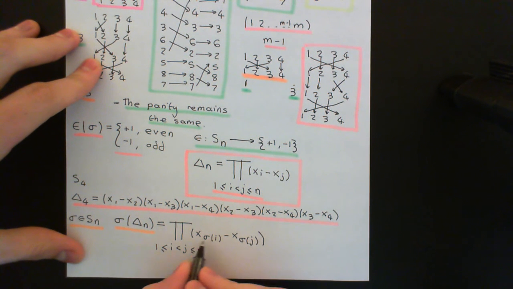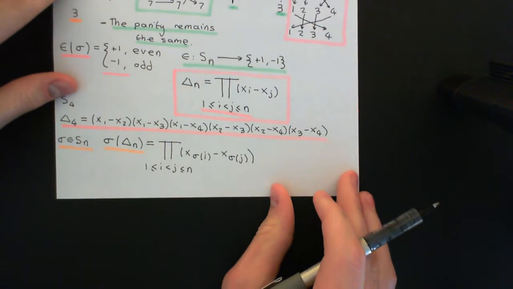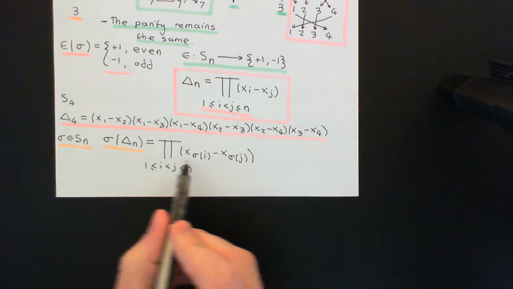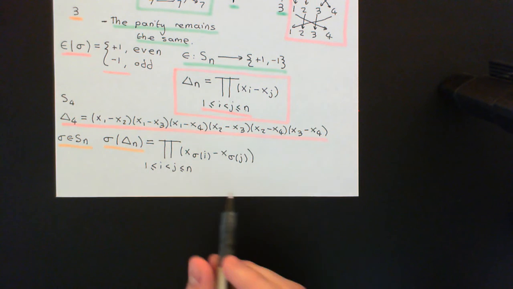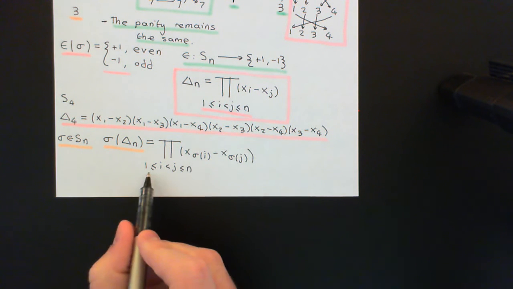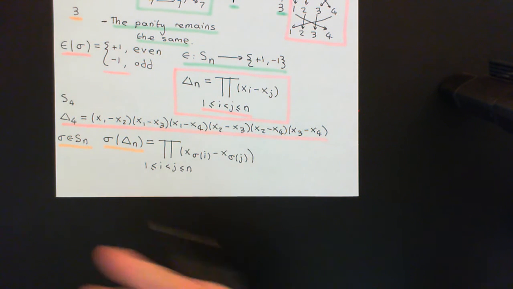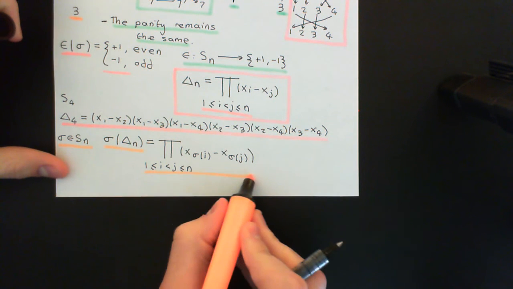Of course sigma acts on the indexes very naturally, because remember sigma is a set permutation on the set of elements 1, 2, 3, 4 all the way up to n. Sigma is going to send all of the elements 1, 2, 3, 4, 5, 6, 7 all the way up to n onto some other elements in that set. Indeed i and j are between 1 and n here, so that's a very natural thing to define. And we'll get some other polynomial as our answer.